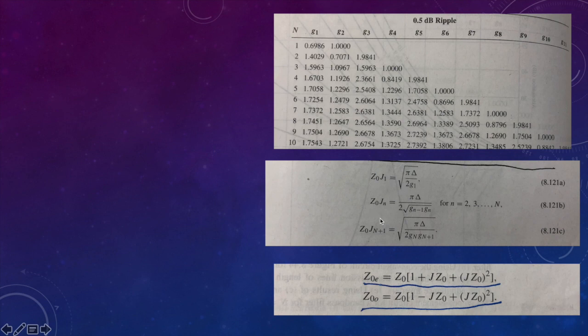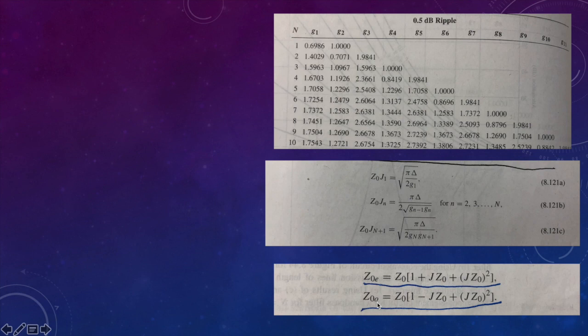So using these three equations, we can calculate Z0 times J1. Once we find these parameters, we put them into these two equations, and we can know the impedance of this coupled system when it works at even mode and odd mode.